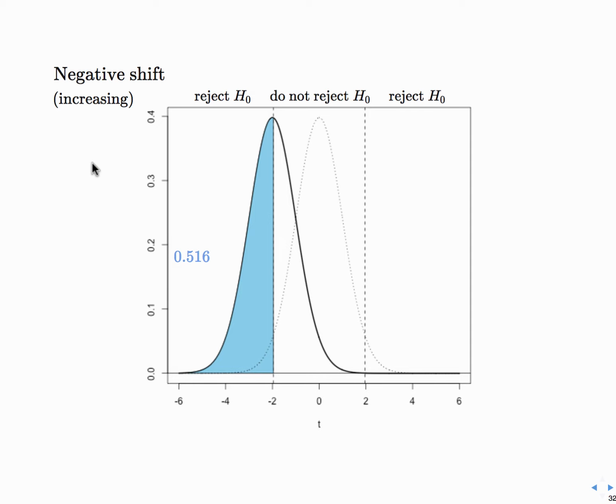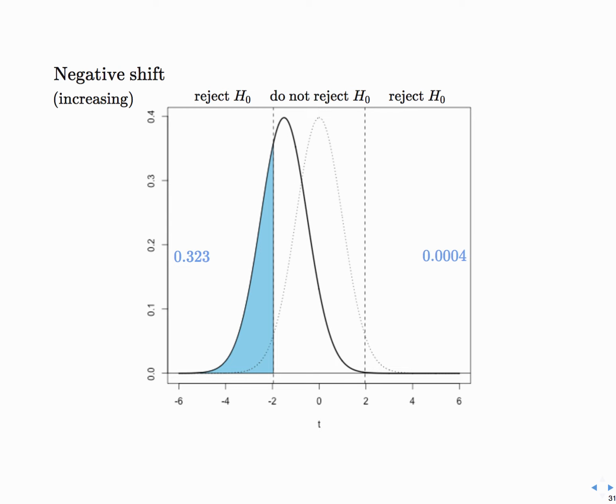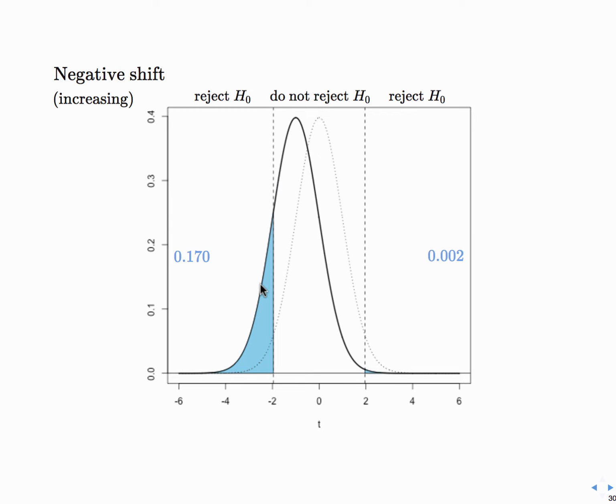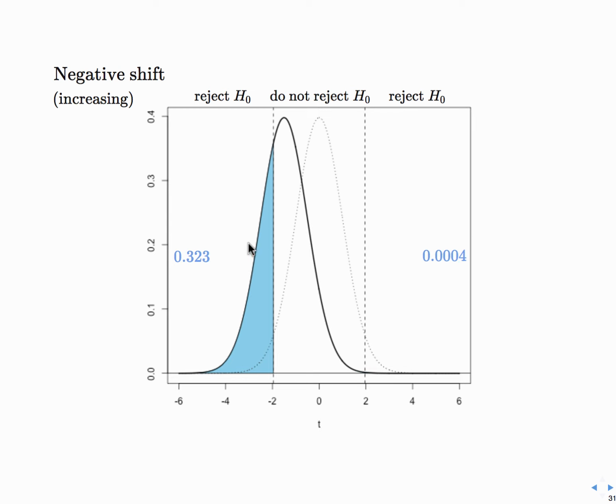So the t-test will have power against values of mu which are less than m, and if the shift gets this far, then we have power of about 51% here, and therefore a probability of a type 2 error of 0.484 again. It's the same kind of story.